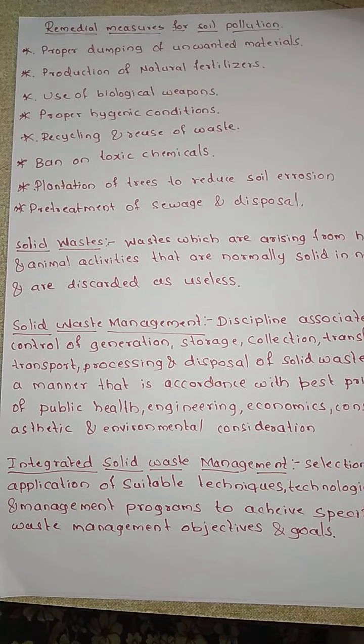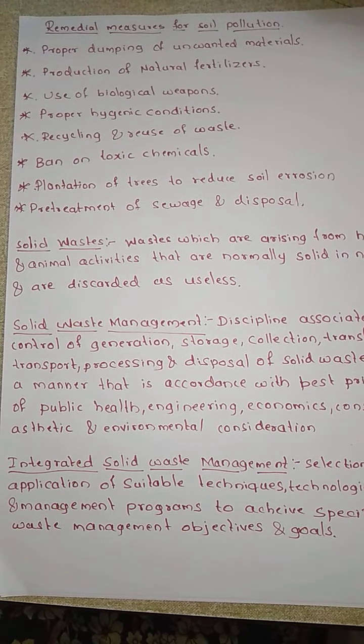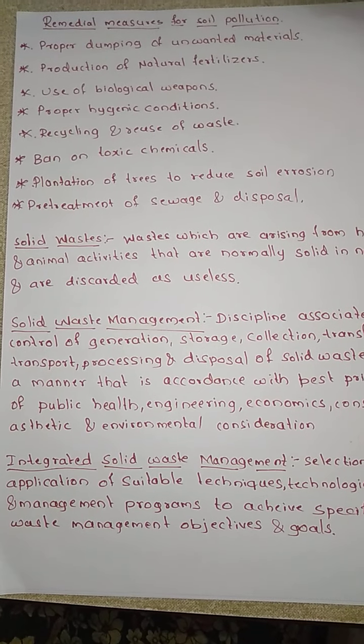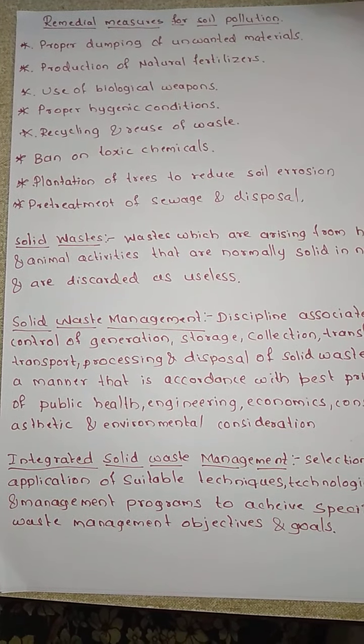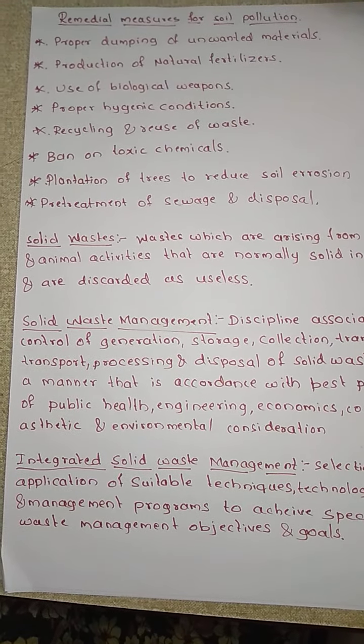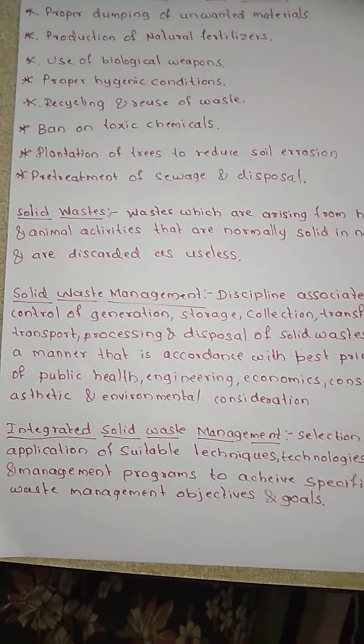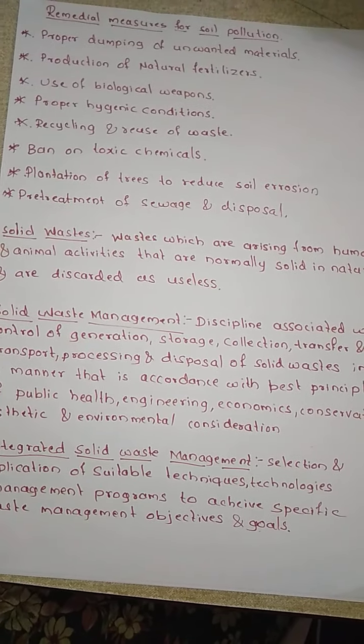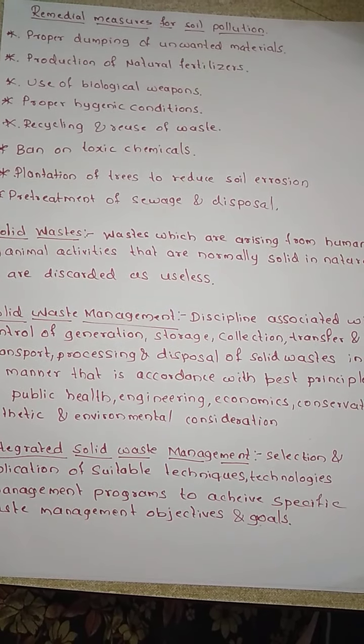I'll repeat the definition once again. The persistence of harmful chemicals, salts, radioactive material, which is going to cause danger to plants, animals, and human life, that is nothing but called soil pollution.